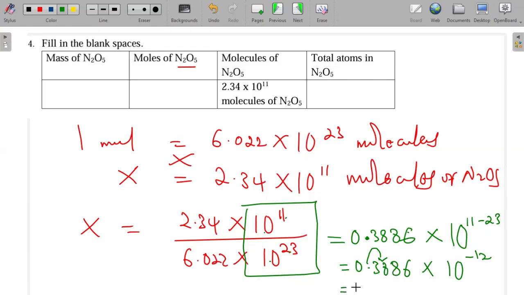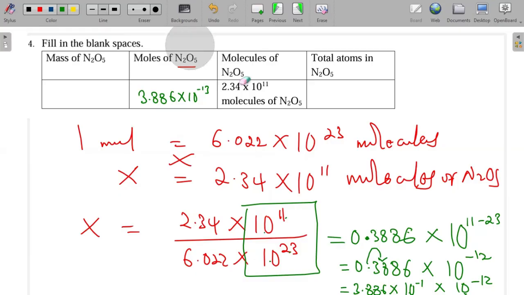So this will just be 3.886 times 10 to the power minus 1 because I've moved to the right, times 10 to the power minus 12. So this one and this one I can combine. I will just get 3.886 times 10 to the power minus what? 13. Okay, so those are the number of moles that I get.